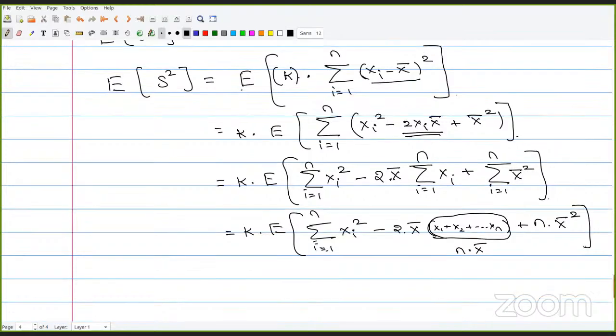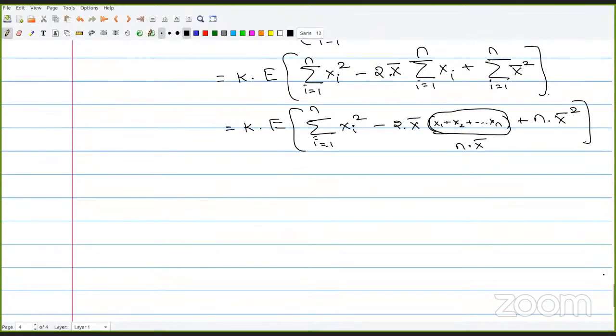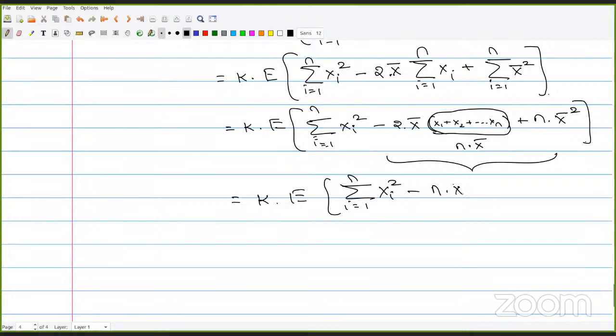Am I correct? Yes, sir. So the sample mean is the sum of x divided by n, so this sum will be n times x bar, giving minus 2 times n x bar square, plus n x bar square. So this whole computation simplifies to summation xi square minus n x bar square.